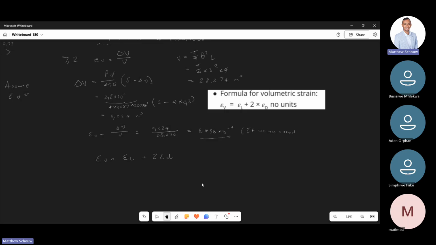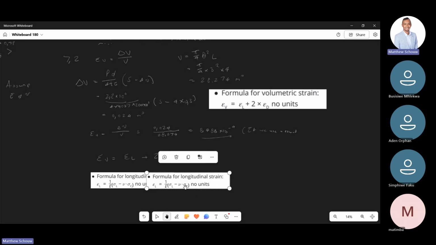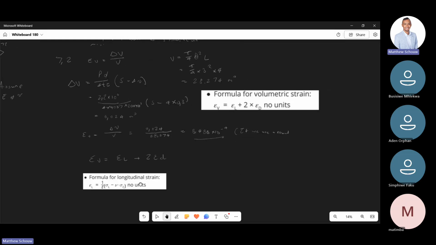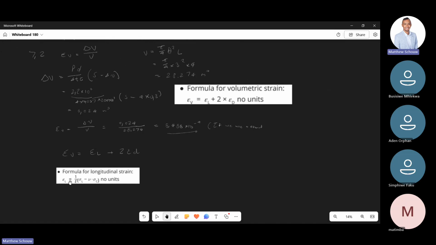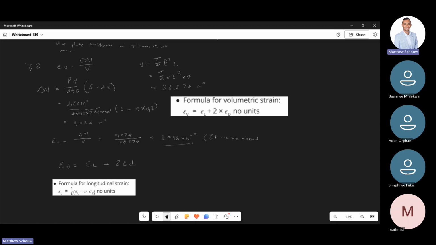The formula for your longitudinal strain will look like this. So this is the one formula. And then for our diameter, let me see what's here.